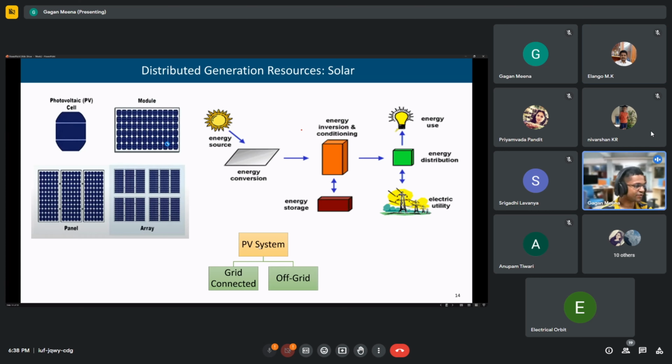If it is 9 by 4, 9 cells are connected in series, and then these are connected in parallel. Correct, 9 cells arranged column wise and 4 rows, out of 36 cells. 9 into 4 becomes 36.